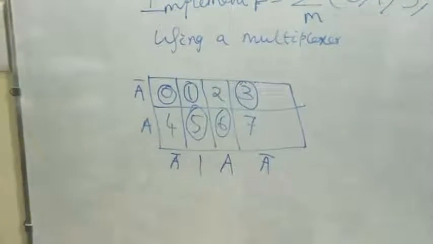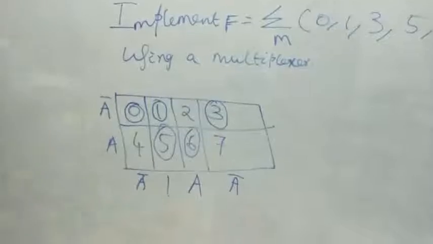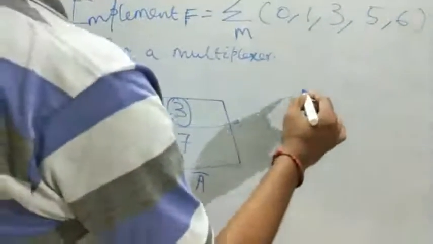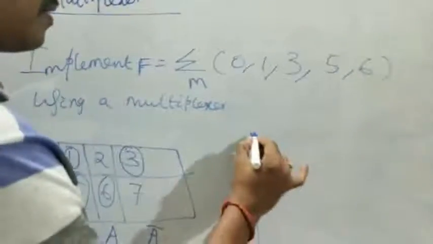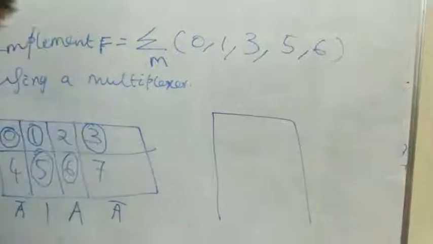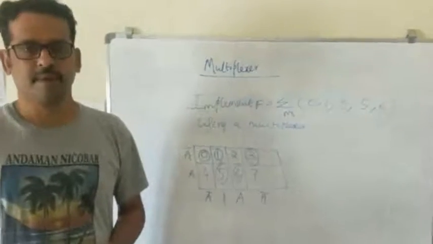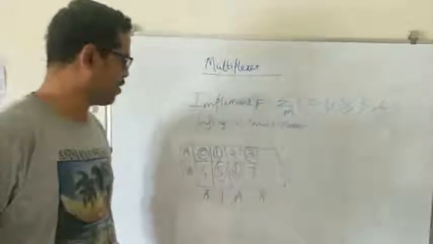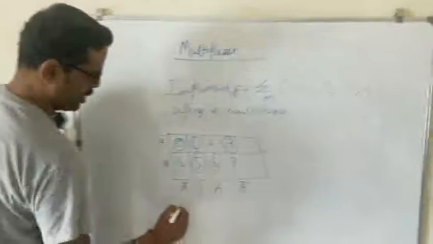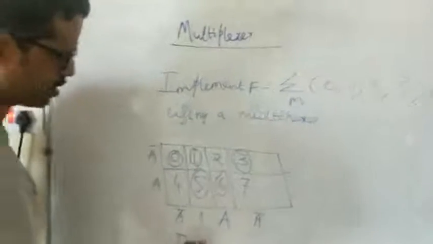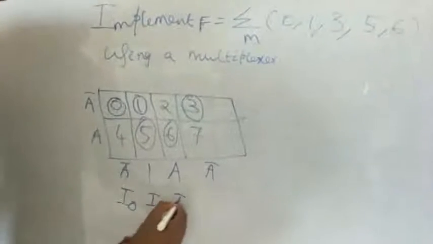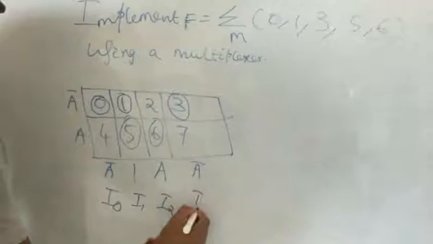Now we are going to design a multiplexer. You can see here, we are going to design a 4x1 multiplexer for these 4 data inputs: I0, I1, I2, I3.